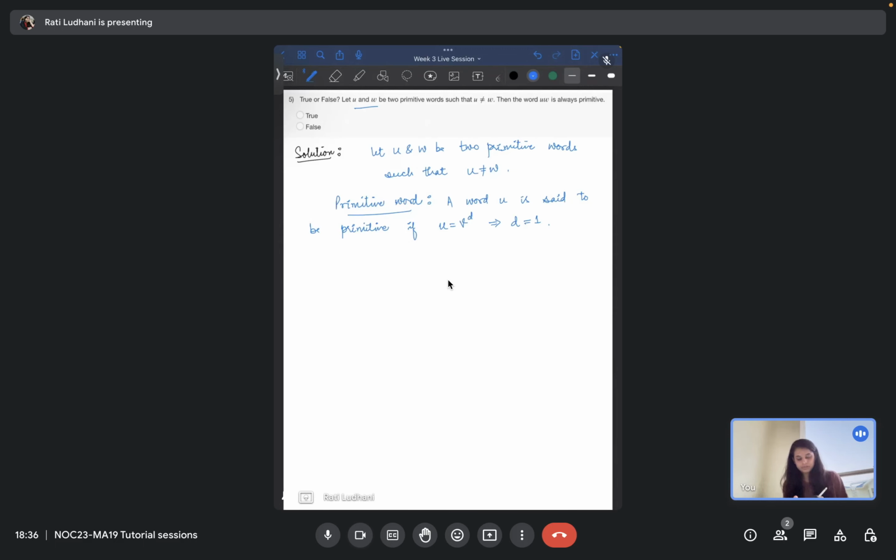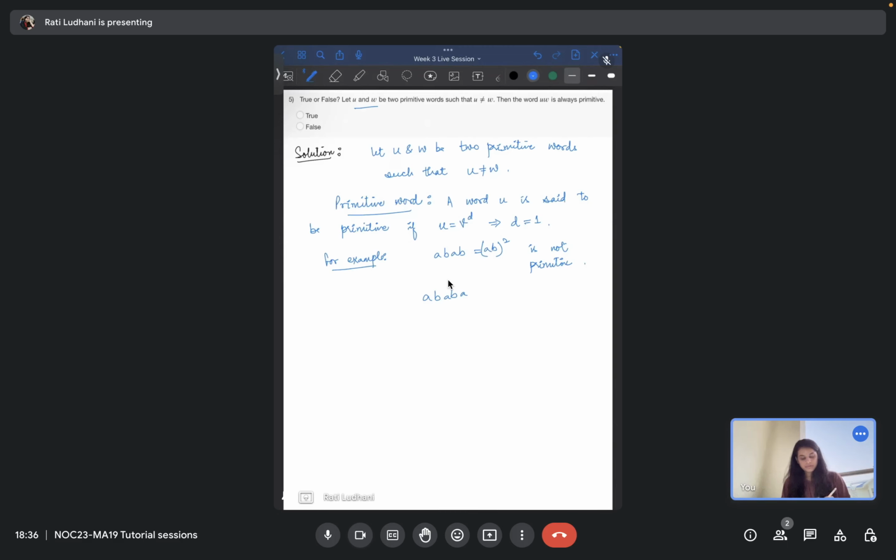So for example, ABAB can be written as (AB)^2. So this is not primitive because there has been a repetition. Next, if you consider, let's say ABA, there is no one part of it which is being repeated.